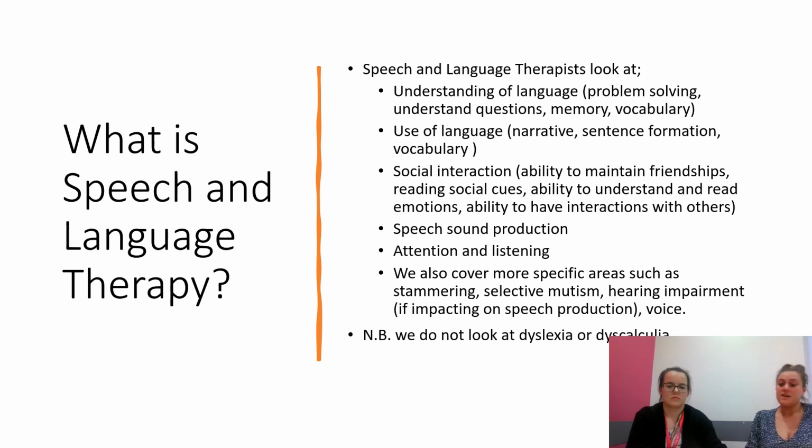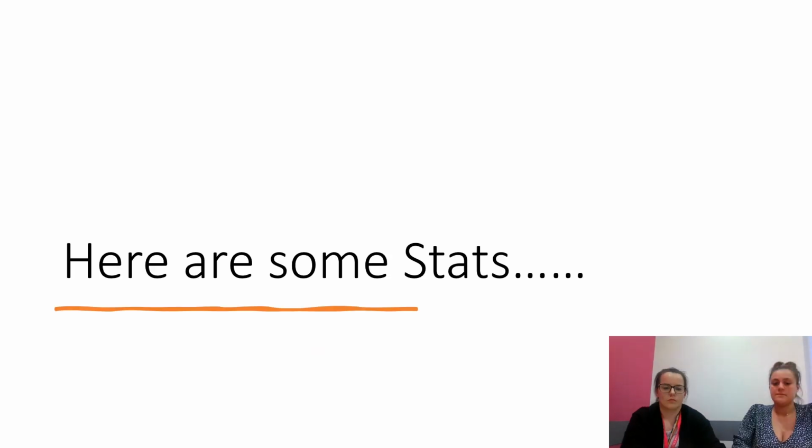We do some work with hearing impairment, if it's impacting on the speech production, and sometimes we also do look at voice as well. Just as a bit of advice, we don't in Sandwell cover dyslexia or dyscalculia, and that's something that we'd advise schools. If we're talking to parents, we would advise them to talk to schools about that, as we do not cover that area in speech and language therapy.